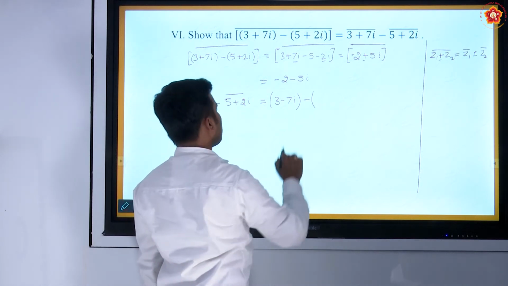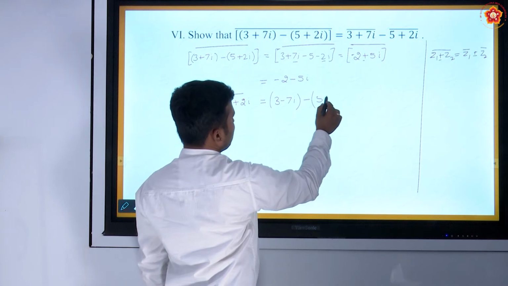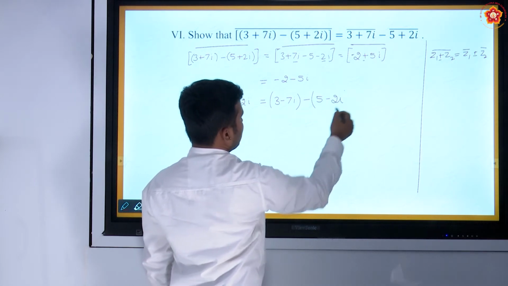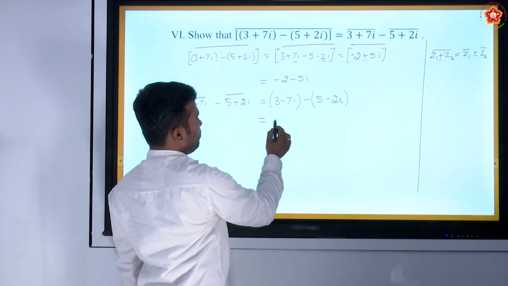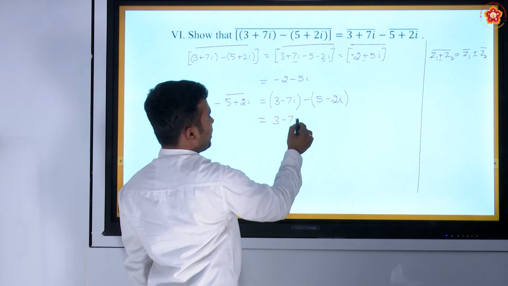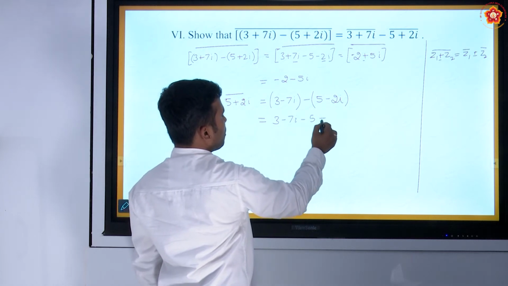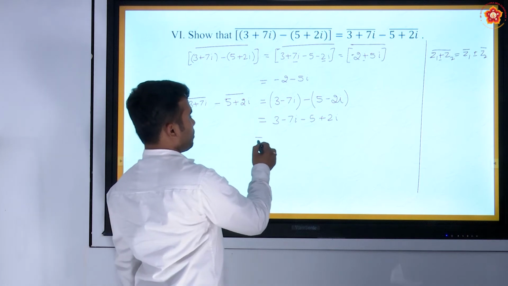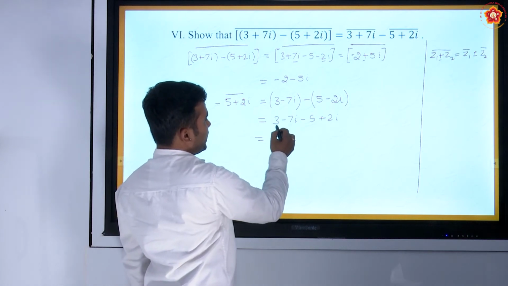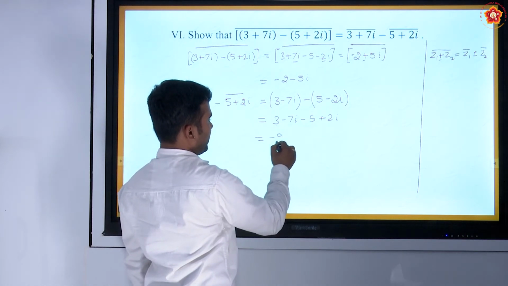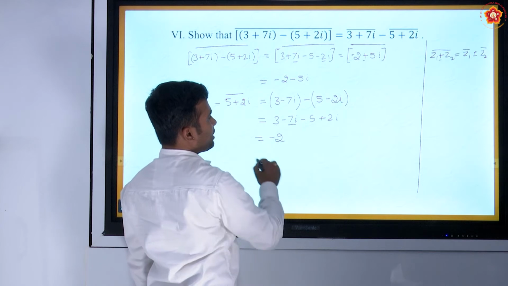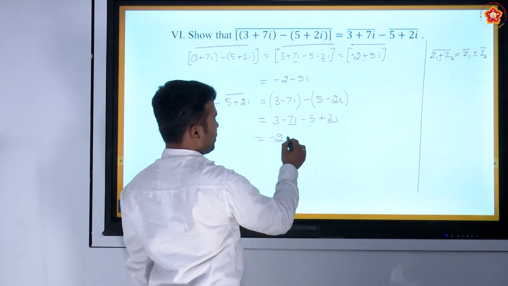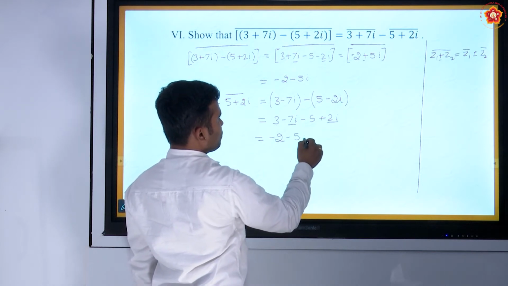What is the conjugate of 5 plus 2i? 5 minus 2i. So this is equal to 3 minus 7i minus 5 plus 2i. So now this is equal to 3 minus 5, so minus 2, and minus 7i plus 2i will be minus 5i.